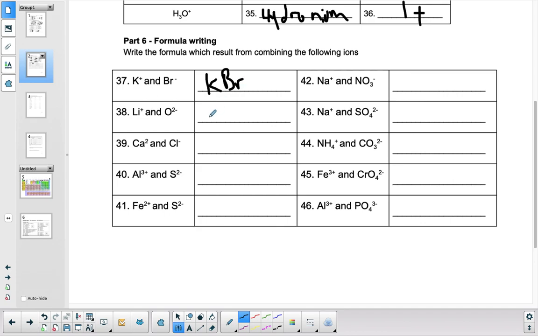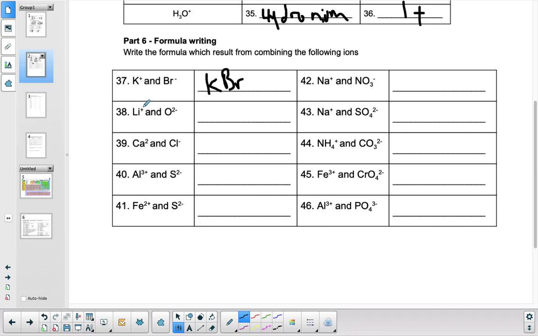For 38, this is where we have to do a little bit of thinking. So if we have a positive 1 and a negative 2, we need to figure out what we can do here to get it to 0. So we can't just take away a charge from this oxygen, because oxygen will always be a -2 anion. So what we need to do is we need to match it with lithium.